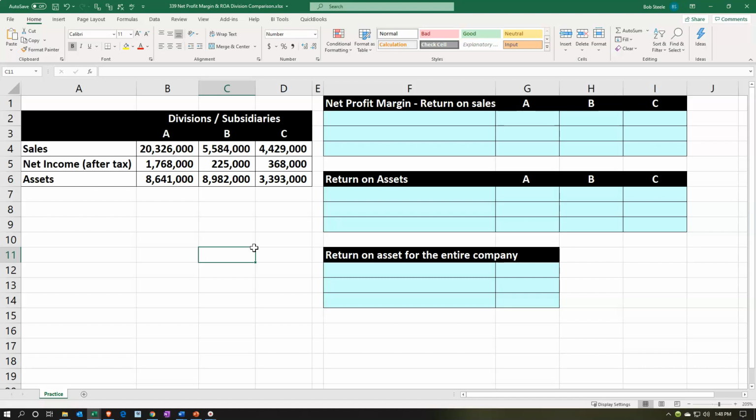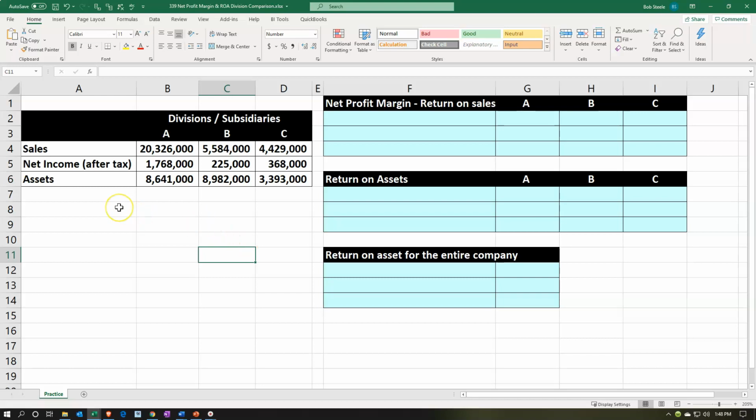But if you're measuring completely different divisions or subsidiaries, then you're talking about divisions that are running somewhat independently, and therefore you can use similar measurement tools as you would for a separate company in general, including measuring their profit margin or return on assets.